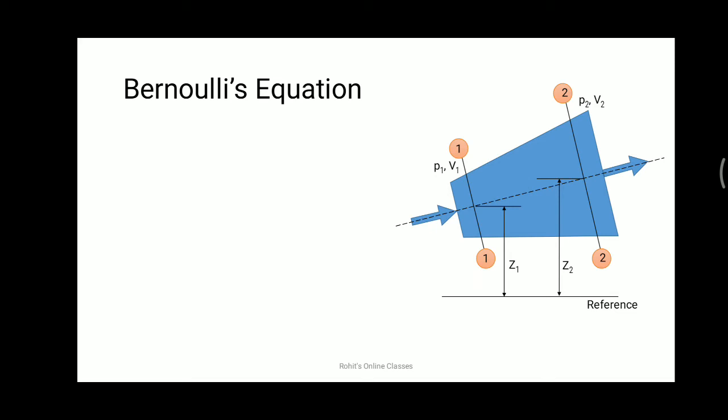Okay, रेफरेंस लाइन एक हमने लिया है, जो डाटम लाइन होगा उसको डाटम लाइन भी बोलते हैं. तो वहाँ से अगर आपको सेक्शन 1 का हाइट लेना है, so that height is z1, and from the same reference line, if you want to find out the height of section 2-2, so this is the point at which the sectional line and the axis of this pipeline are crossing. Okay, so this height is z2.